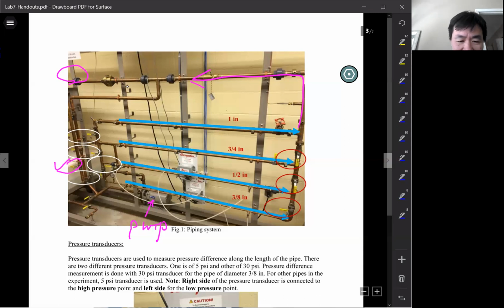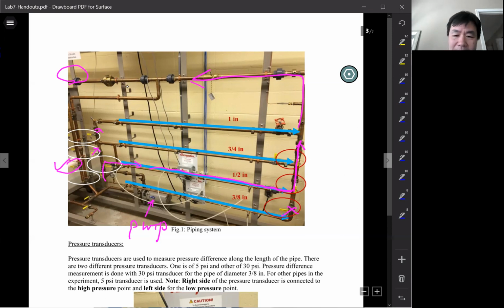From this setup in the picture, you see the flow goes through this pipe only. See, this is blocked. This is blocked. This one is blocked, and then it goes through this. These two are open, then it goes up here. So this is blocked, this is blocked, so the top two pipes have no flow either.